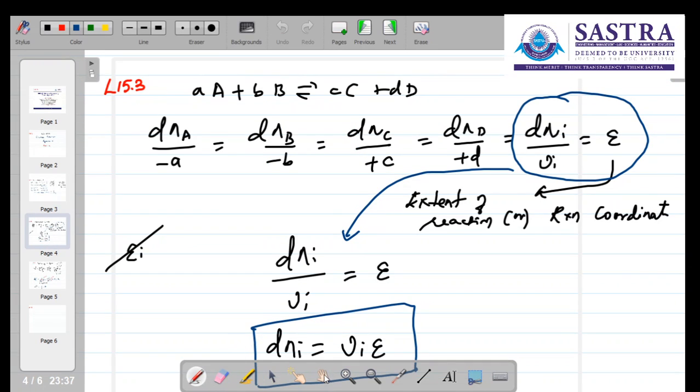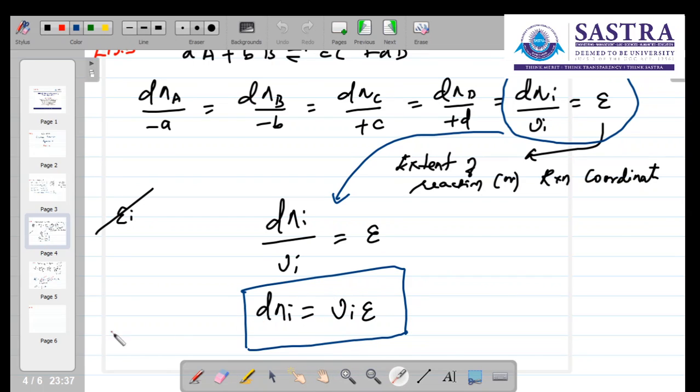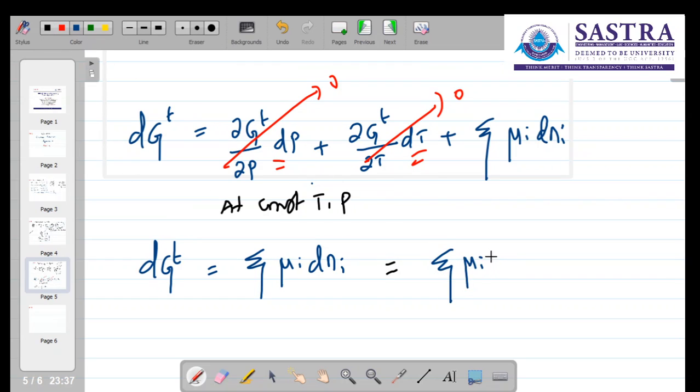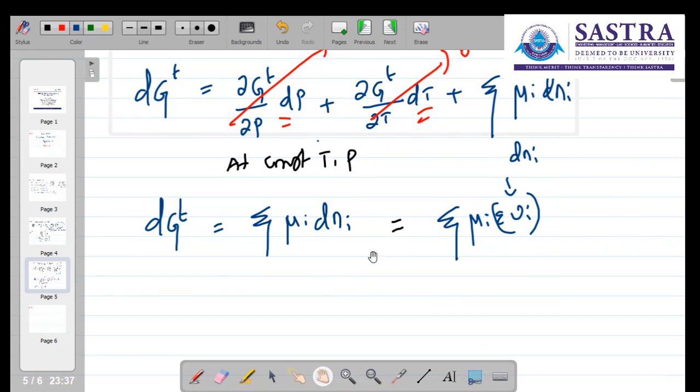So if you use the expression from the mole balance in the expression for the Gibbs energy change, we get this is equal to sigma mu i times the stoichiometric coefficient times the extent of the reaction epsilon.